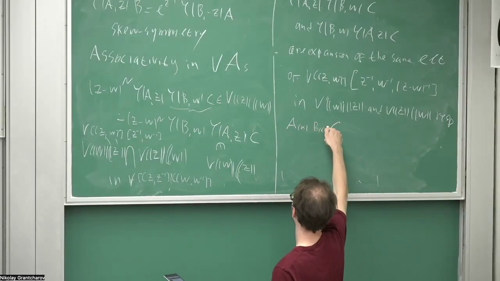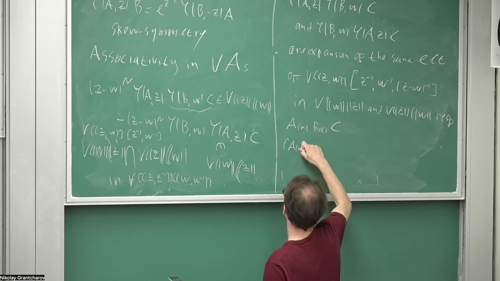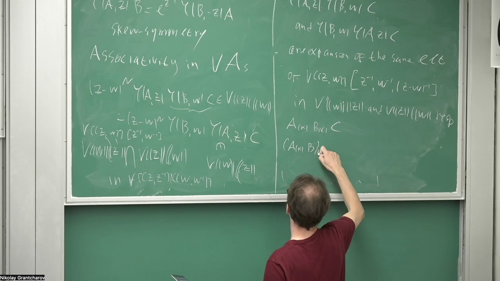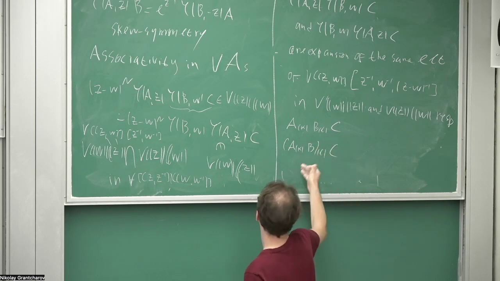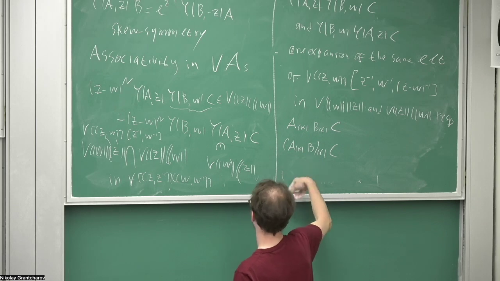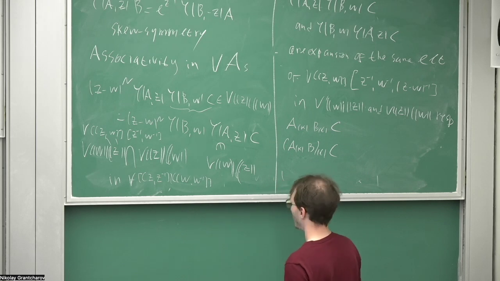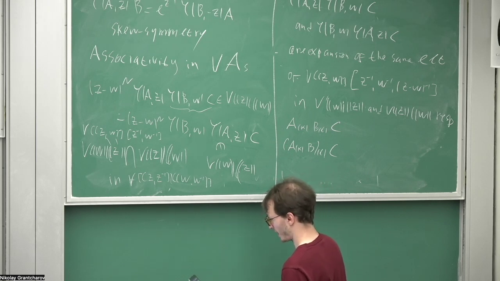You apply first this, then this, so you start from the left and get more and more nested endomorphisms.